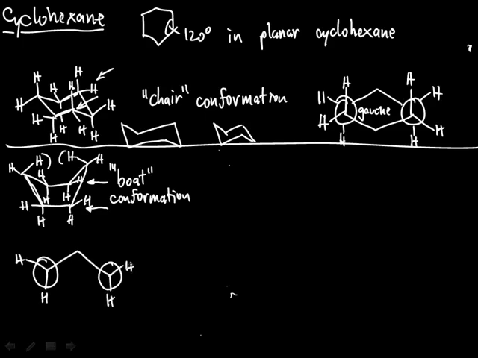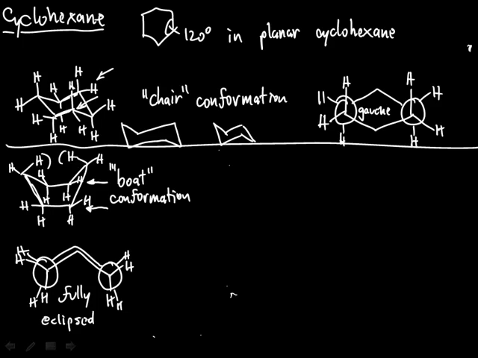But in the back carbons, we will see exactly the same thing. So this now won't be gauche or even staggered for that matter. This will be the fully eclipsed conformation of cyclohexane. And this clearly introduces a lot of strain into the system, and the boat conformation is the less stable conformation of cyclohexane.